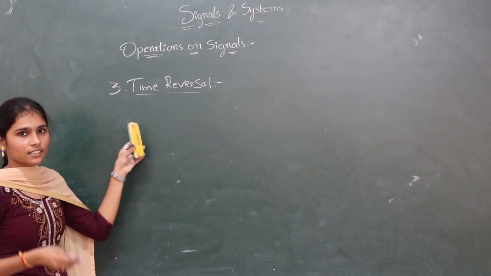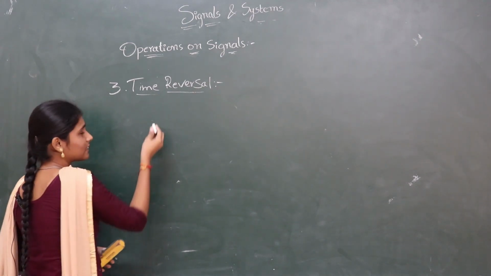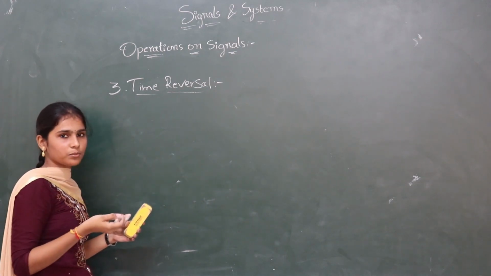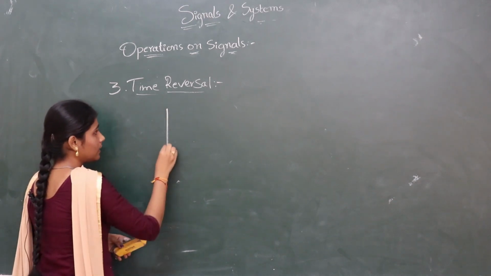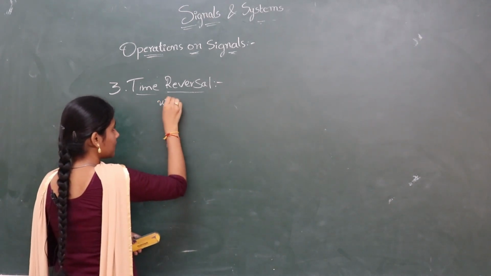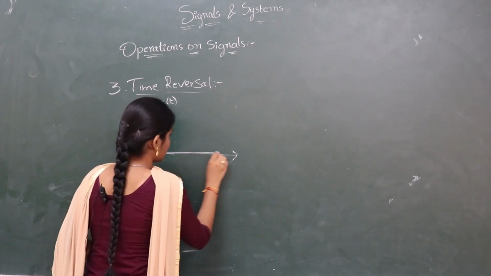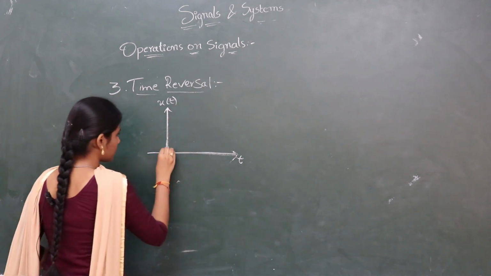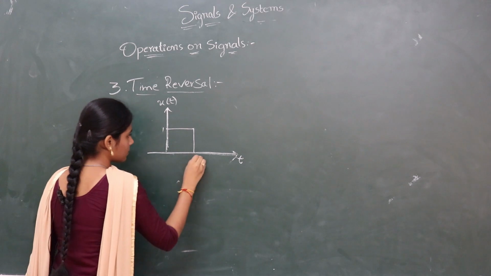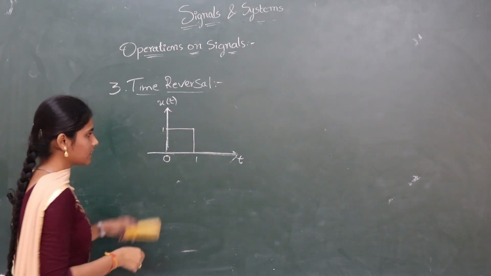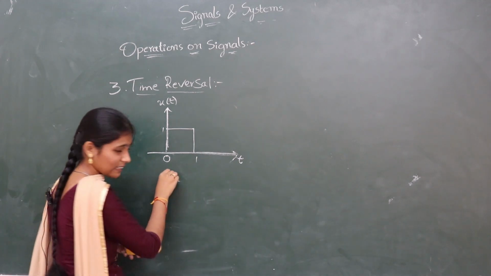Now let us consider the third operation, time reversal. Time reversal has other names also, like folding and reflection. For continuous time signals, let us consider the signal x of t.